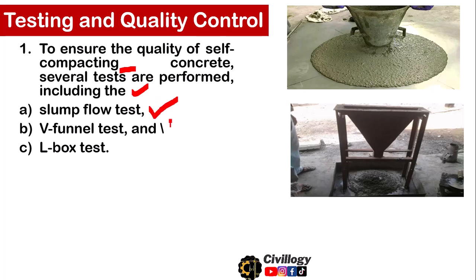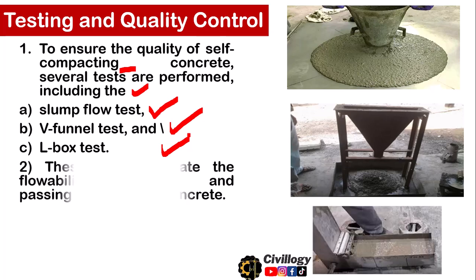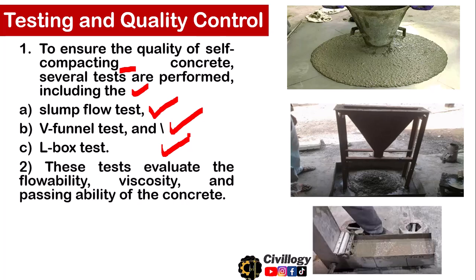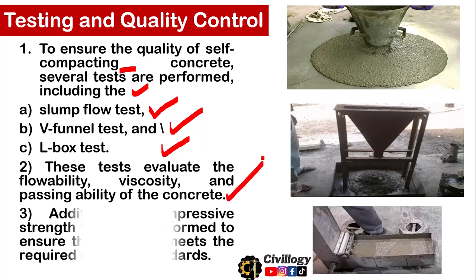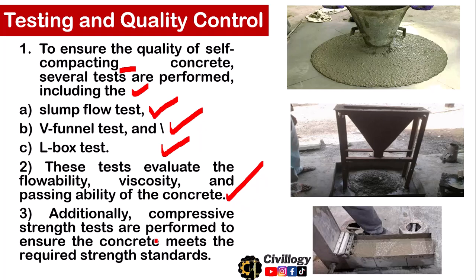I will make a detailed video about these tests, how these are performed and what the objectives of these tests are. Just keep in mind that these three tests are performed to test the quality of self-compacting concrete, and these tests evaluate the flowability, viscosity, and passing ability of the concrete. Additionally, compressive strength tests are performed to ensure the concrete meets the required strength standards.